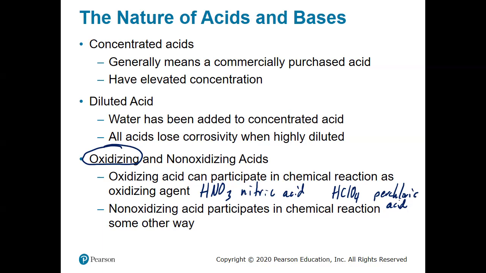So that's one thing that oxidizing agent acids are going to have over other acids. They can react chemically via two pathways. They can act as oxidizers, and they can act as corrosive agents, whereas non-oxidizing acids can only act as corrosive agents.